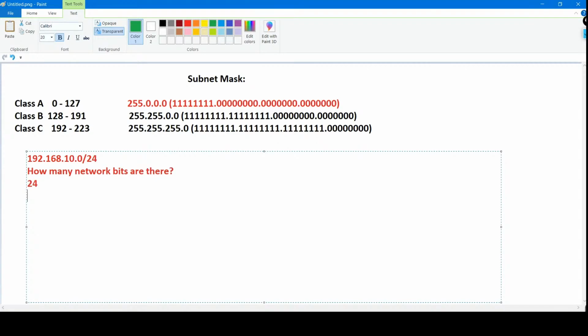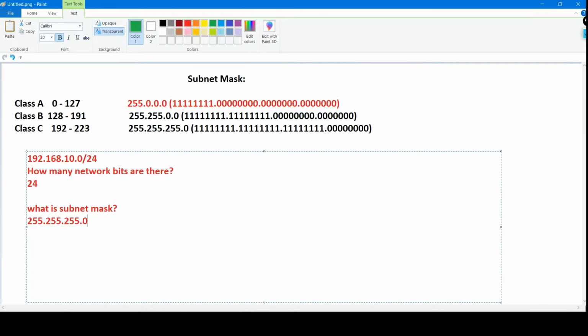Question number 2: what will be the subnet mask? 255.255.255.0.